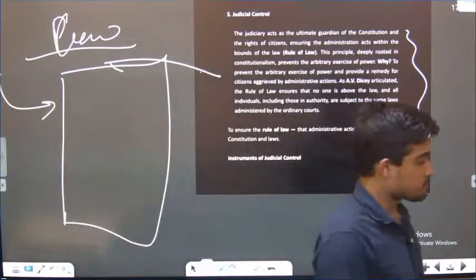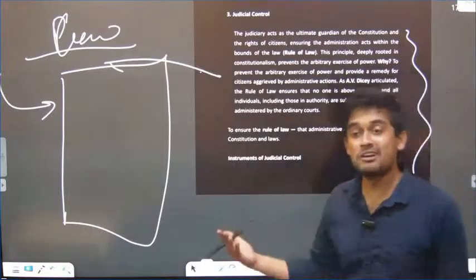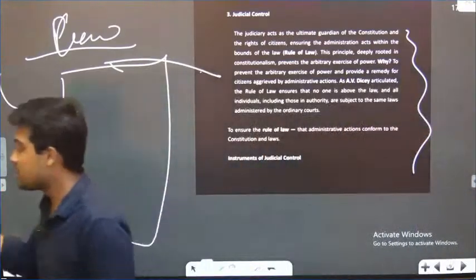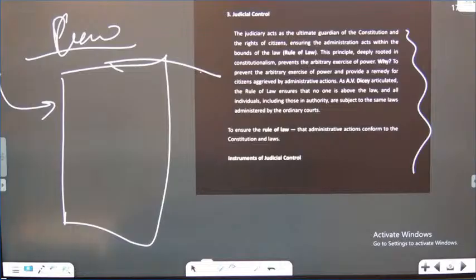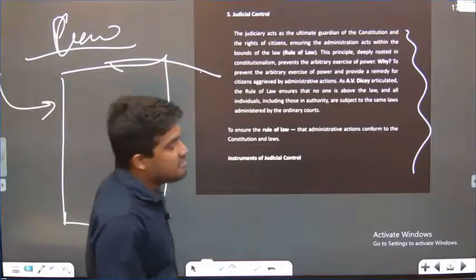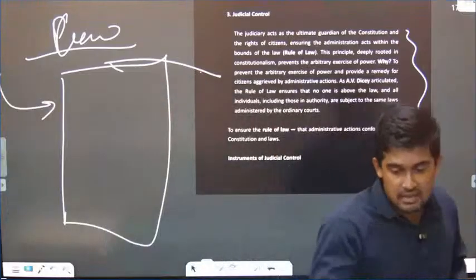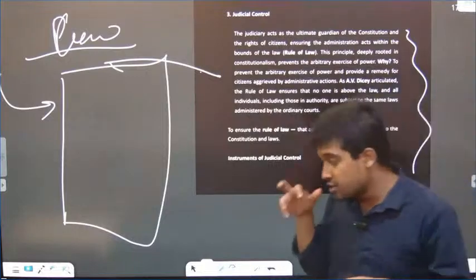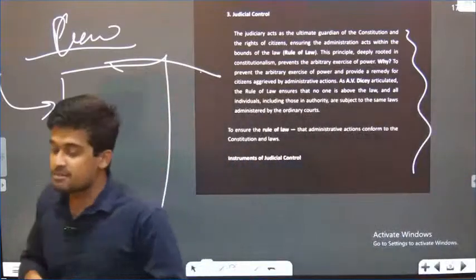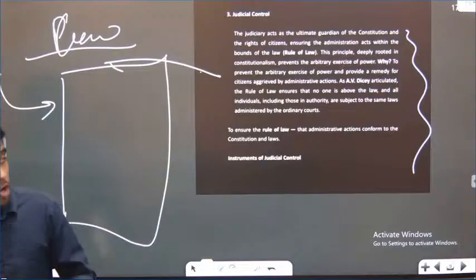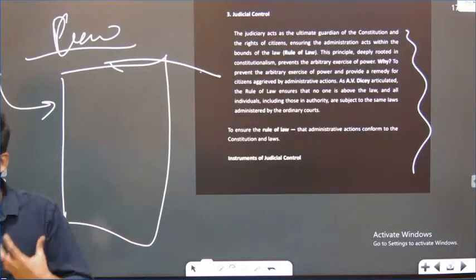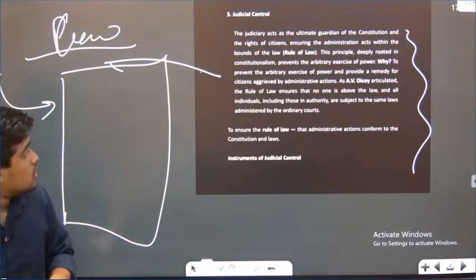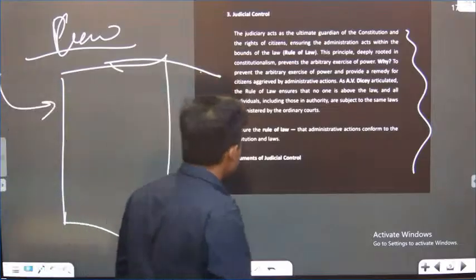So, don't you think that is a judicial control? Judicial control to ensure accountability of administration. So, these are the mechanisms that the judiciary uses to ensure administration is accountable. All of these accountability are for what? Public interest. Yes. So judiciary ensures rule of law in administrative action.